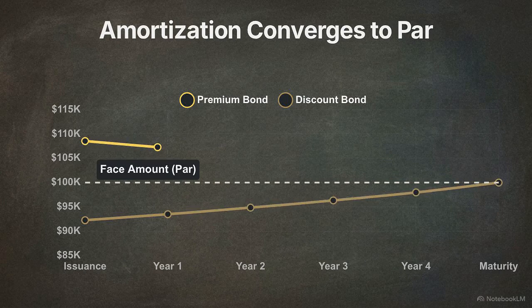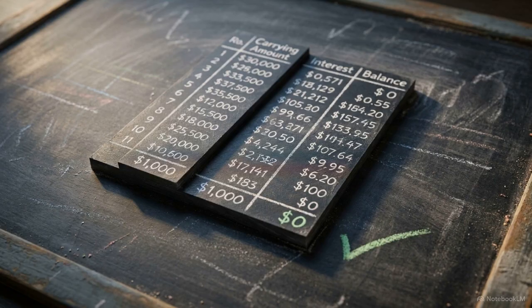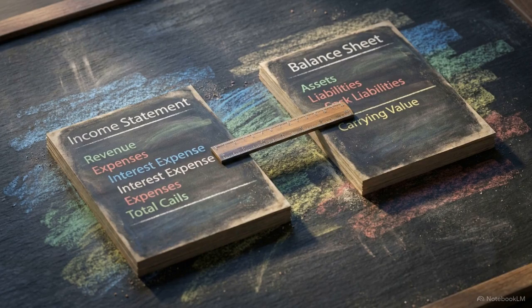Both trajectories are mathematically tethered. As amortization adjusts the balance sheet, true expense is pulled toward the fixed cash payout. The effective interest method is an automatic, self-correcting system. It ensures the income statement reflects true economic cost, perfectly aligning the balance sheet with reality by the exact day the bond matures.